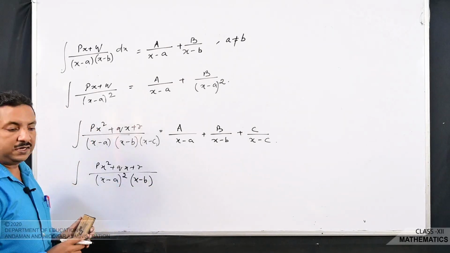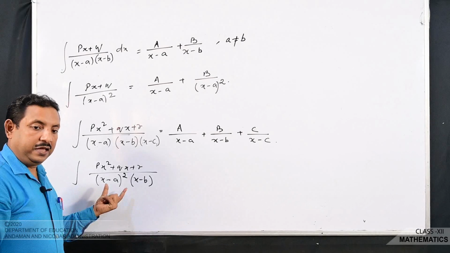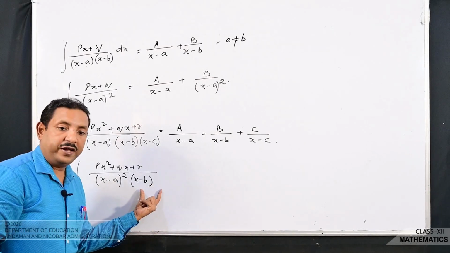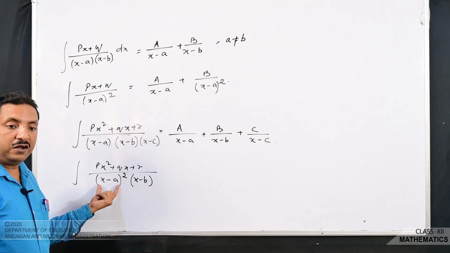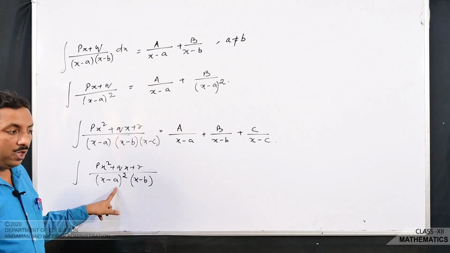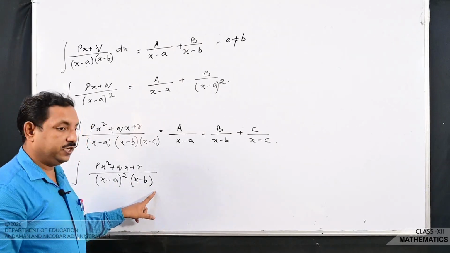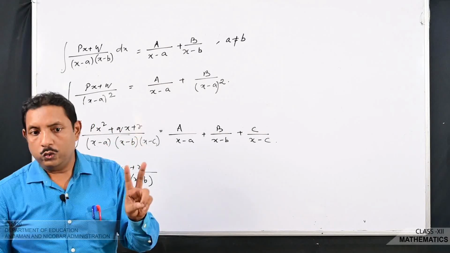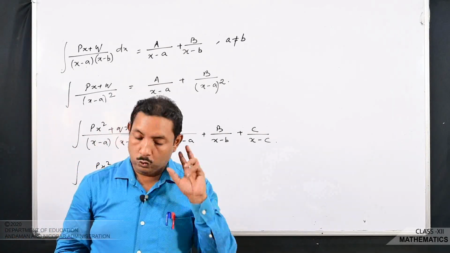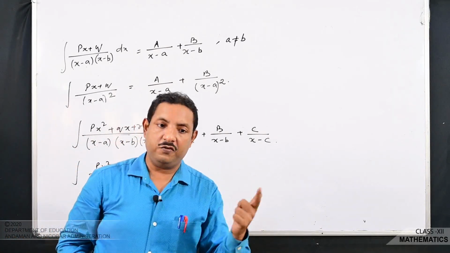Three factors are there, x minus a into x minus a into x minus b. That means two factors are repeating, a is repeating here and x minus b is distinct.